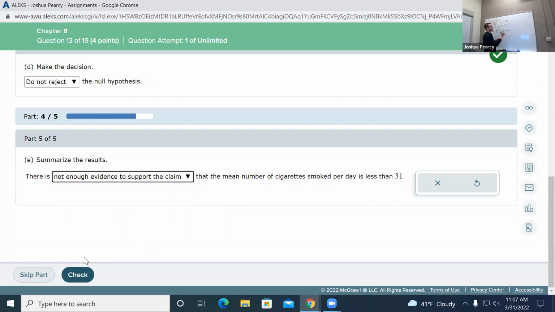Think of it this way. If the claim is the null hypothesis, then you either reject the claim or fail to reject the claim.